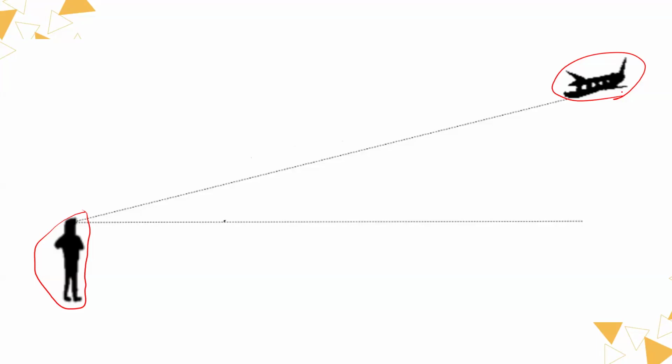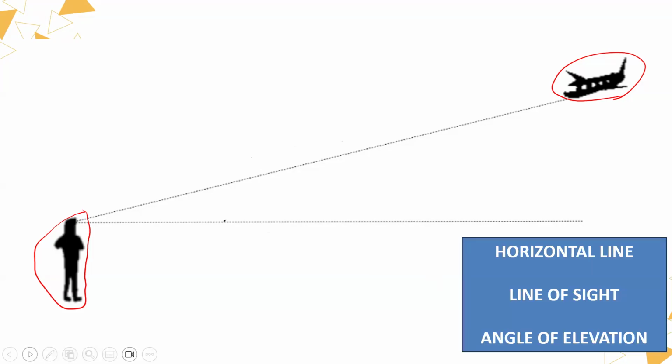Imagine you are looking up to the airplane, and in that specific scenario, there is a horizontal line that is aligned with your eyes. This is the horizontal line, which we call the line of sight.